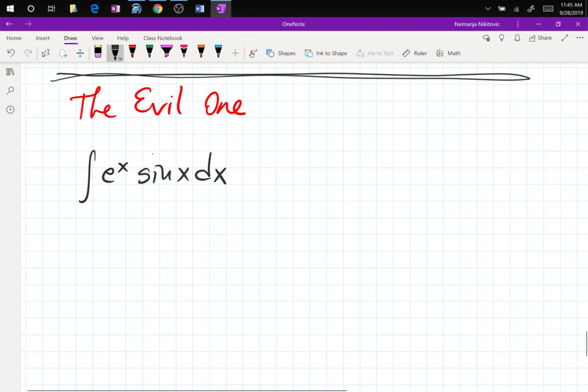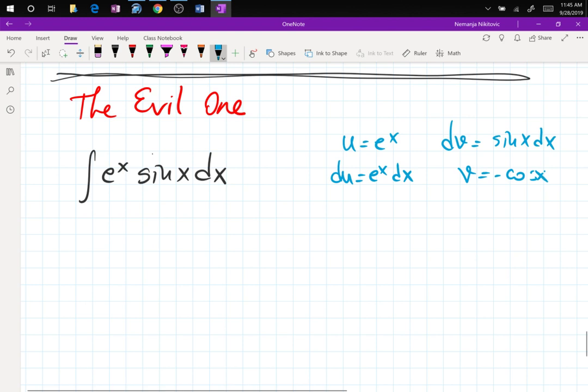So let's go. We are going to say u equals e to the x, dv equals sine x dx, du is e to the x dx, did not change. v is going to be negative cosine x, right? So that's that piece. And then we're going to hit the arrow.